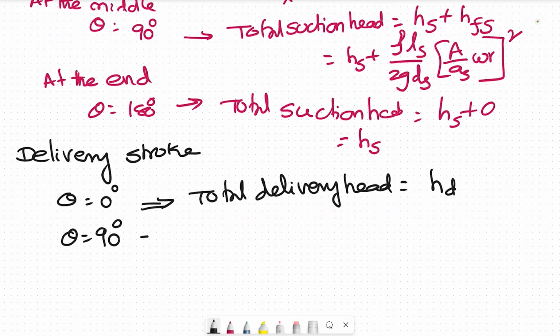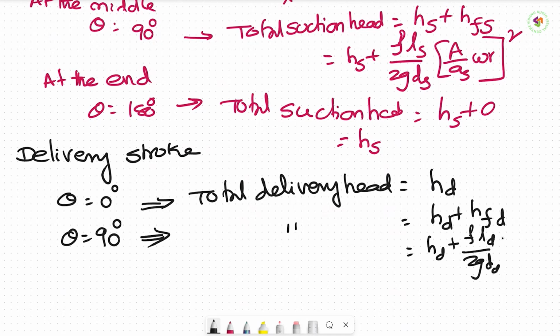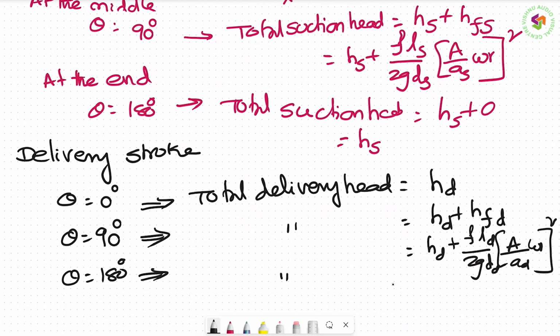At theta is equal to 90, the total delivery head is equal to Hd plus Hfd, which is equal to Hd plus F Ld by 2g dd into (A by Ad omega r) whole square. At theta is equal to 180 degrees, total delivery head is again Hd. So these are the three things.